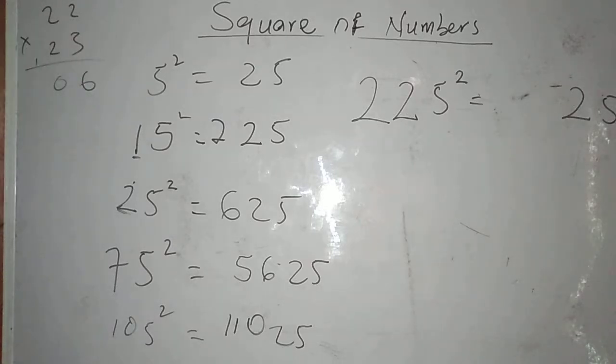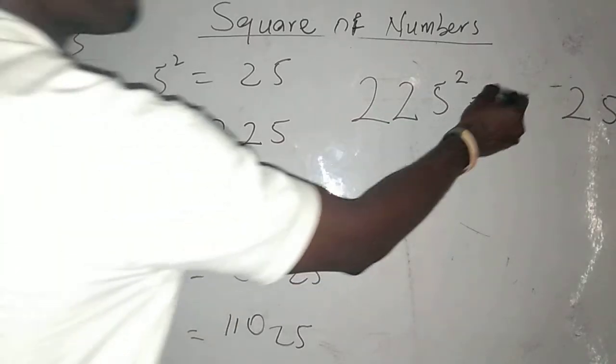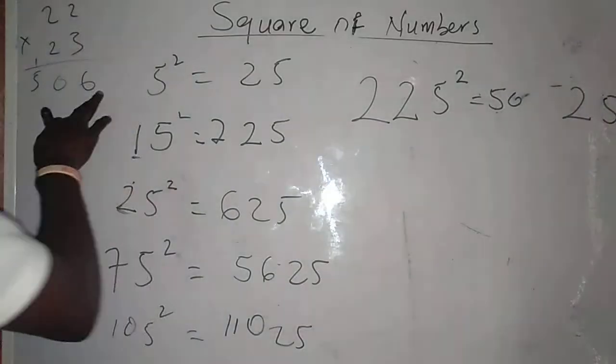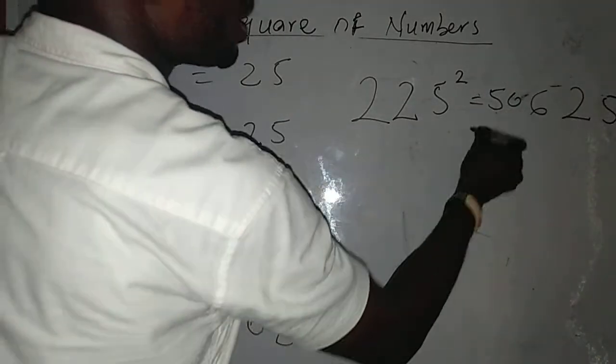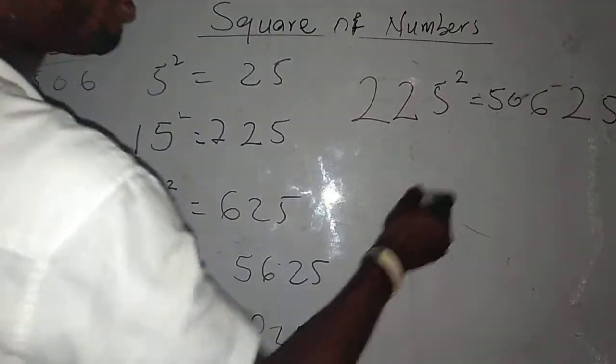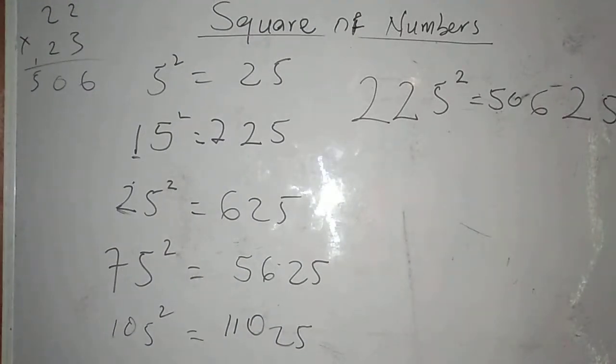Which I have 4, 5. That will be 506. My answer will be 50,625. Now, that is the number ending with 5.